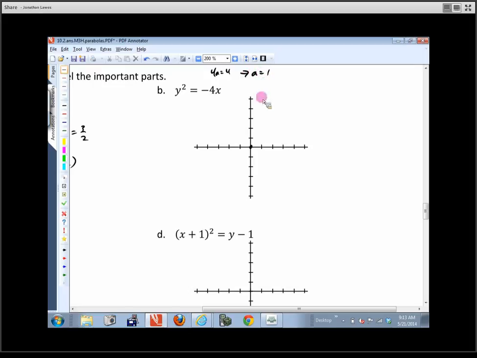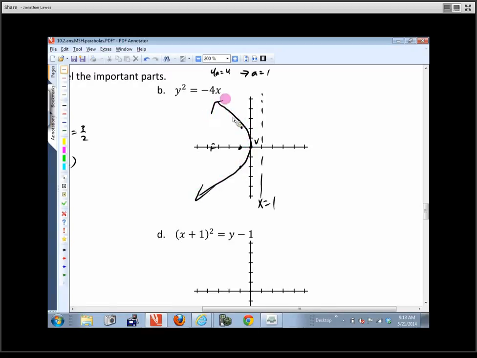So I'm going to put a directrix right here and label it. So that's going to be x equals 1. I'm going to put a focus right here. And then how long is the entire latus rectum? So how far do I go on each side? Just 2. So I'm going to go up 2, and I'm going to go down 2, and I'm going to draw a nice little parabolic curve.